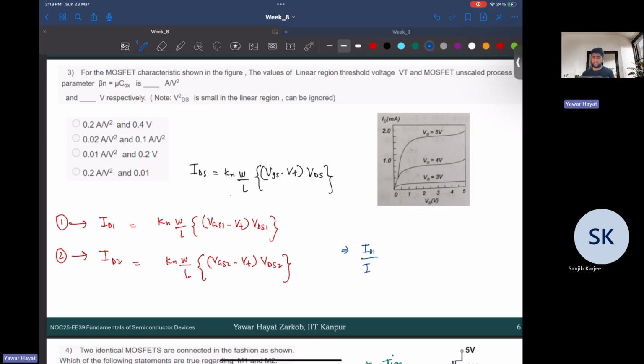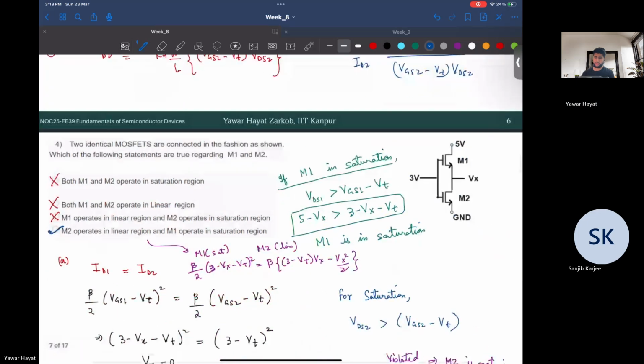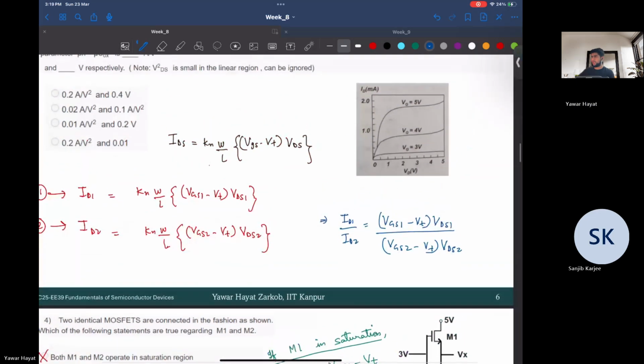And if I take the ratio, what is ID1 by ID2? This would cancel out, right? I'll be left with VGS1 minus VT times VDS1 divided by VGS2 minus VT times VDS2. Okay.